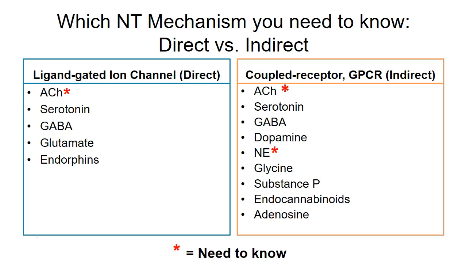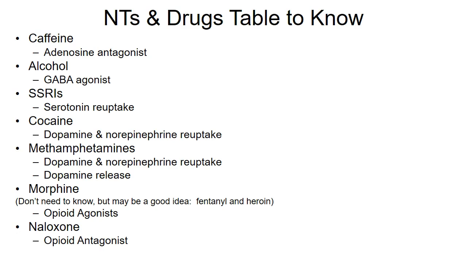Acetylcholine can be direct or indirect, and then norepinephrine is going to be primarily indirect. And these are the neurotransmitters and drugs that you need to know. There's a table worksheet also on Blackboard with these exact same drugs and neurotransmitters. So you don't have to know all that we talked about. These are the ones to focus on. All right? Okay, I wanted to make sure to get through that.